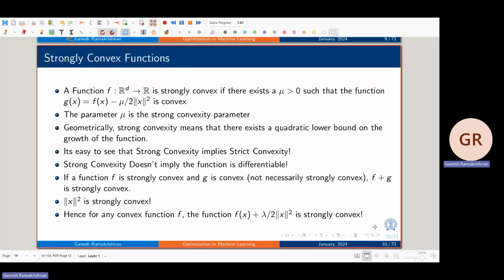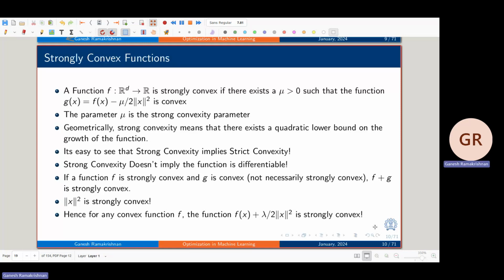So, a question for you, you can think about it: what is the connection between mu and c? Here we have c, here we have mu. What is the c definition telling you?